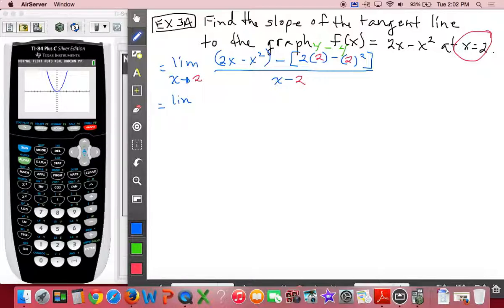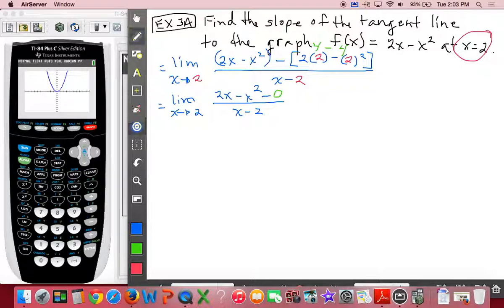So the limit as x approaches 2 of 2x minus x squared minus, and we actually get a 0. We normally wouldn't write this step, but I want you to be able to see in your notes where some of this stuff came from. Does everybody understand where the 0 came from? 0 came from this part right here, became 0.